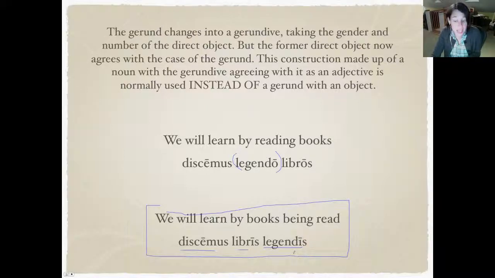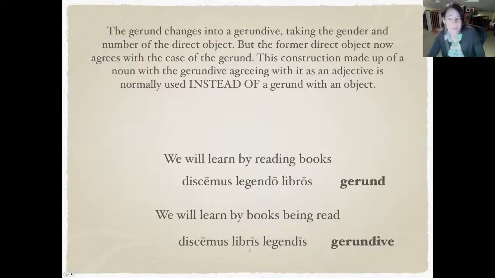It is now an adjective in the passive modifying a noun. Discemus libris legendis. We will learn by books being read. In English, we would probably still just translate this as we will learn by reading books. So this whole confusing sentence in the textbook is telling you that if Latin can use either a gerund or a gerundive, it's going to want to use a gerundive.